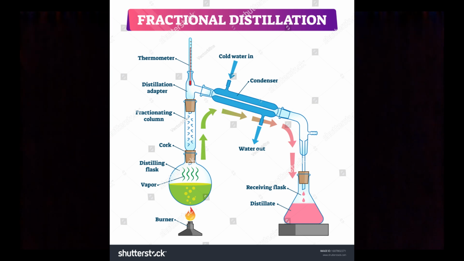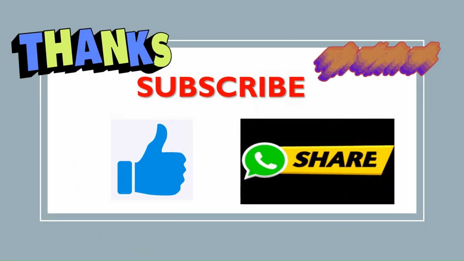You cannot separate the vapors because both of them have similar composition. When the composition of the boiling liquid is equal to the composition of the vapors, separation becomes difficult. You cannot separate it, and such a mixture is known as an azeotropic mixture.